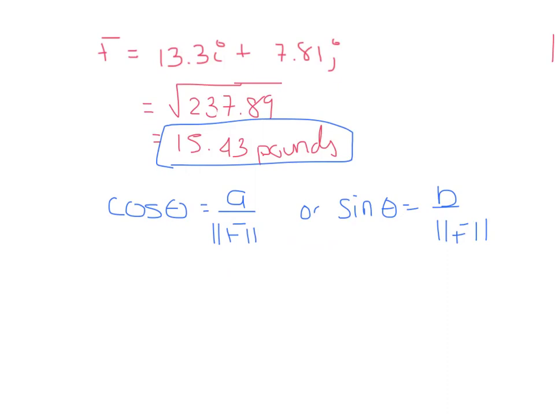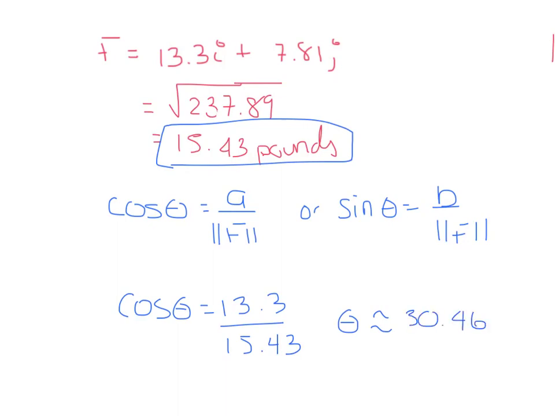So here we get cosine theta equals 13.3 over 15.43. That means I'm going to be using arc cosine. Use your calculators, and let's round to two place values. So I get 30.46 degrees, and that's the resultant direction.